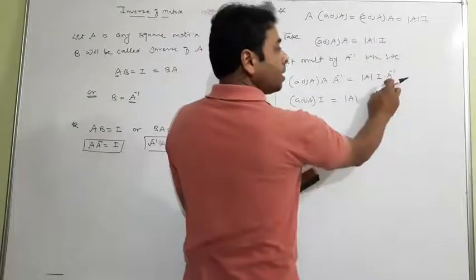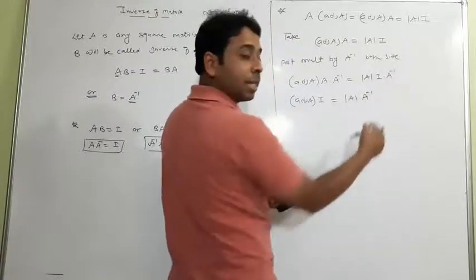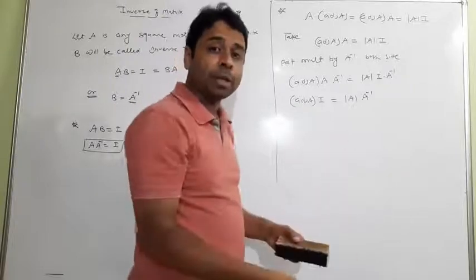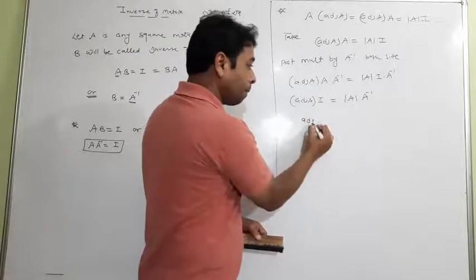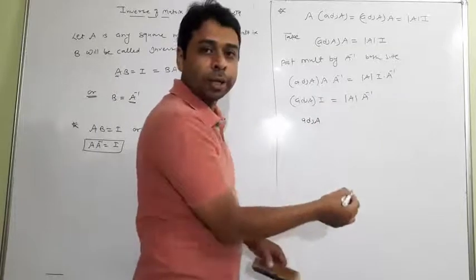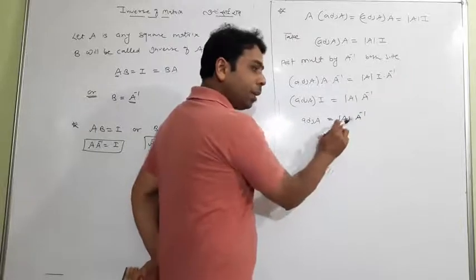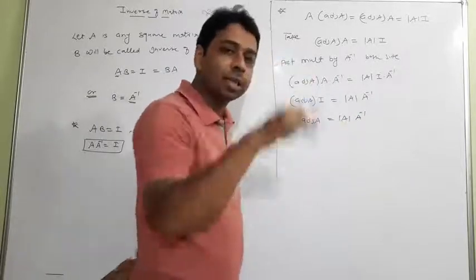So any matrix multiplied by I gives the same matrix, A inverse. Here also adjoint A is again a matrix. So when the matrix is multiplied by I it gives the same, because it is the identity matrix: equal to determinant A into A inverse, and determinant A is itself a number. You should remember that determinant A is itself a number.